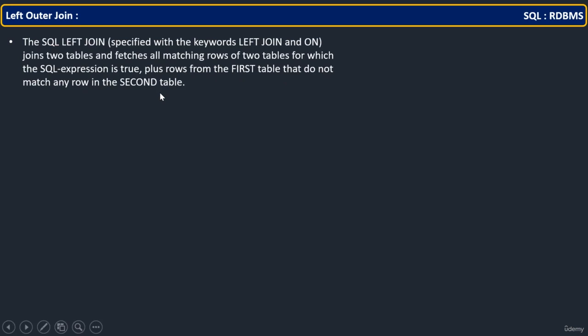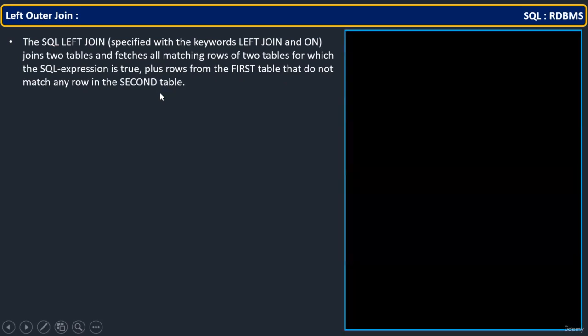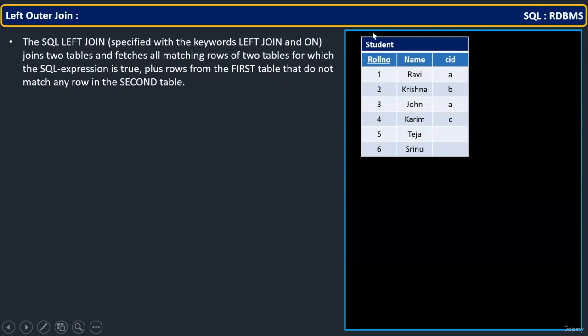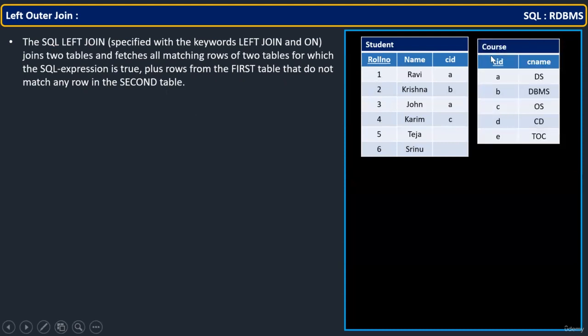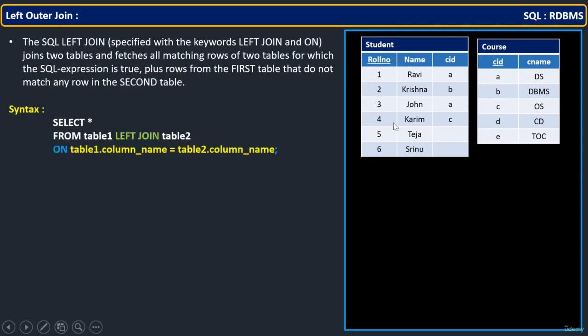We will try to understand that with a simple example. First of all, I'm going to take a student table and another table, course. If I join these two tables with a left join, the left table is student and the right table is course. Let us see that syntax.